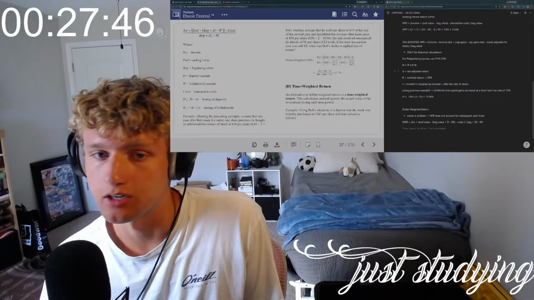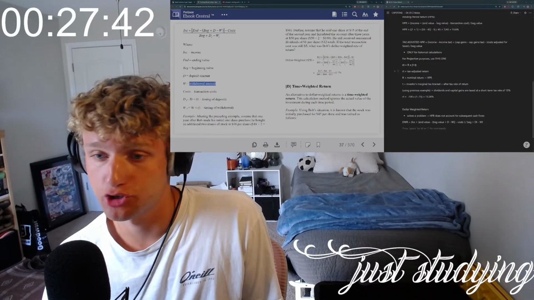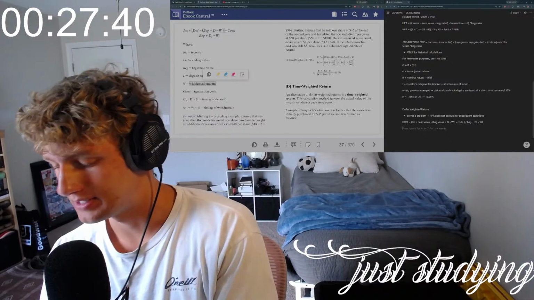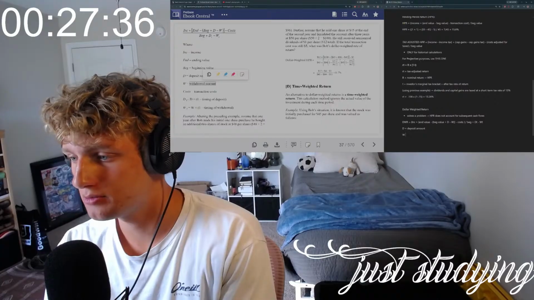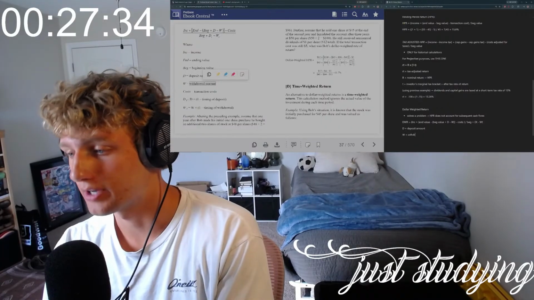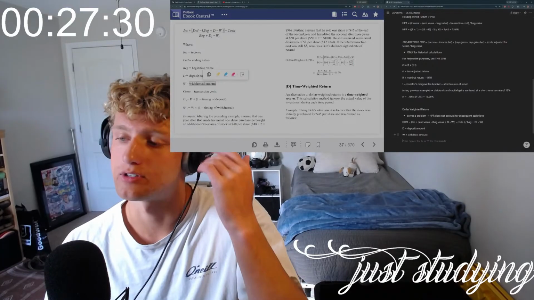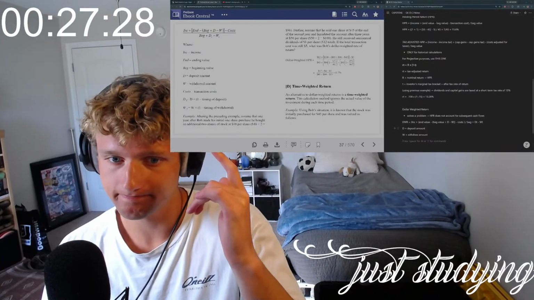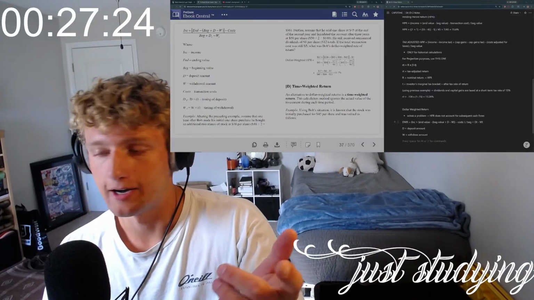So income, obviously, end value, beginning value, deposit amount, withdraw amount. D is deposit amount. W equals withdraw amount. Okay, this makes perfect sense because the whole purpose of this calculation was factoring in those inflows and outflows. Costs is transaction costs.